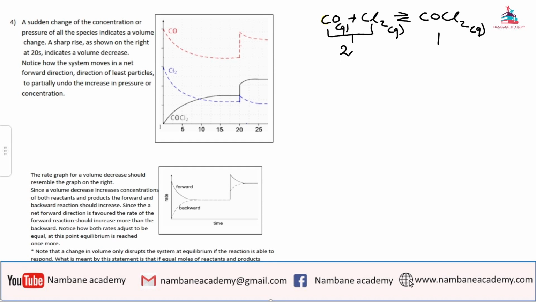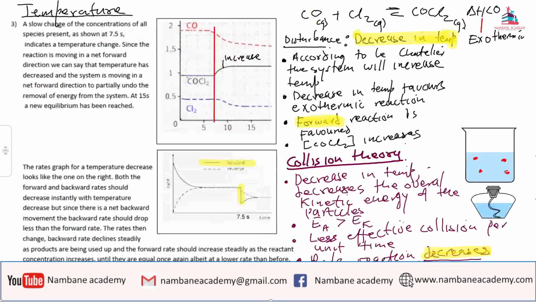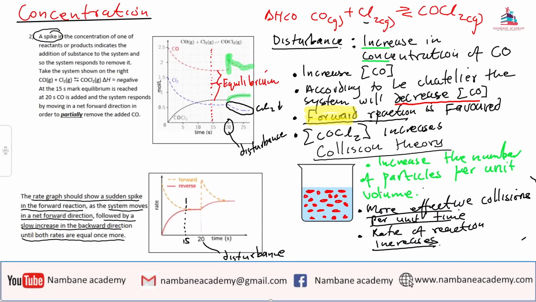One will say, but in that number, you said when we have concentration, we will see a big spike. Let me just put this here to indicate the section of the disturbance. Yes, we are going to have a big spike when it is concentration. But for concentration, we only added 1. In this instance, we increase the concentration of CO, and the others only changed later, after the system tries to reinstate a new equilibrium.